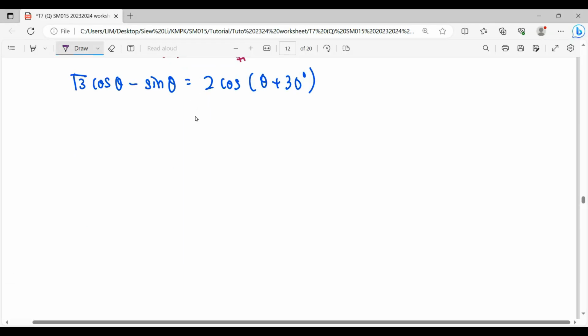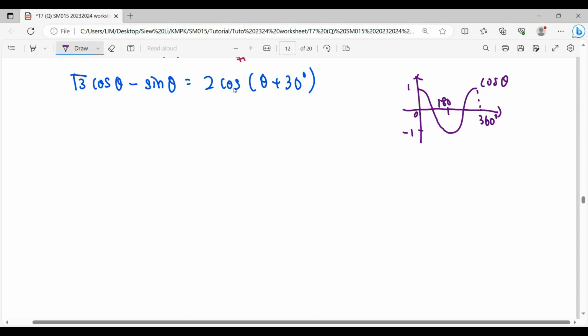Now that we have expressed this trigonometry expression as a single cos, a compound angle, we can observe in the cos graph that for cos theta, the maximum value is 1 and the minimum value is negative 1, starting from 0 until 360, with 180 in between.